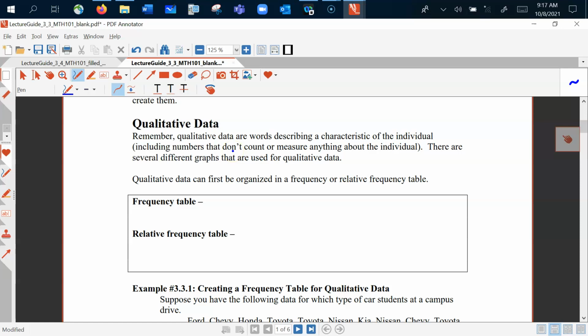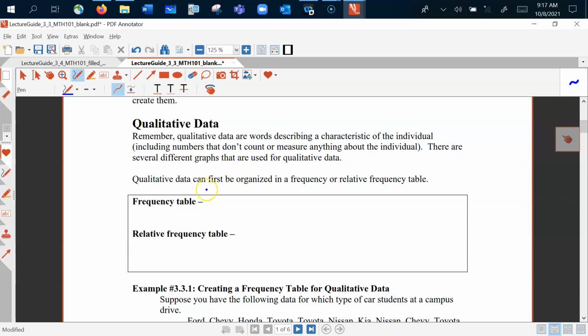For example, your social security number, yes, it's a number so to speak. Your Harper ID number, it's a number. A jersey number if you play sports might be a number, but that number doesn't measure anything about you. It's just a label or a name. Okay, so qualitative data, remember, it's a word describing a trait about an individual. It's a name, a label.